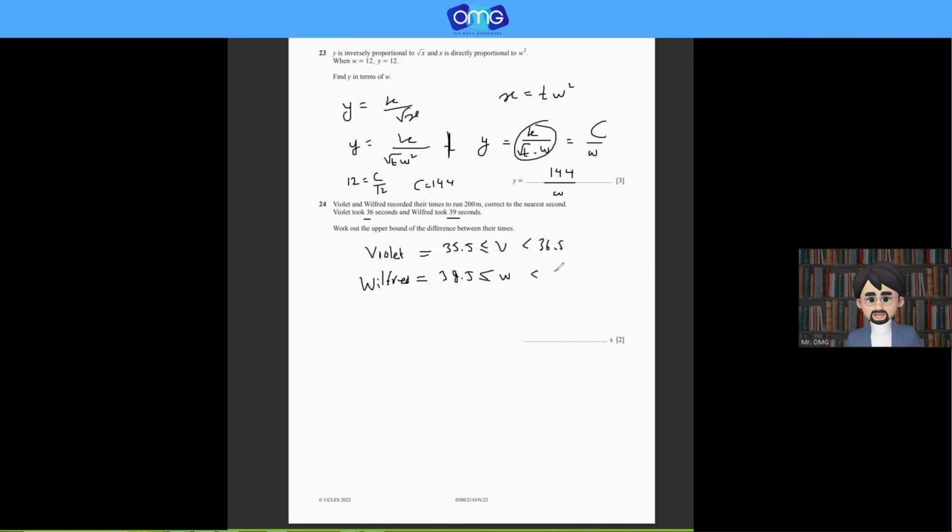The difference means w minus v. The upper bound will be the greatest one minus the smallest, which is 4, and the lower bound is 38.5 minus 36.5. So the answer is 2 until 4. The upper bound is 4, the lower bound is 2.